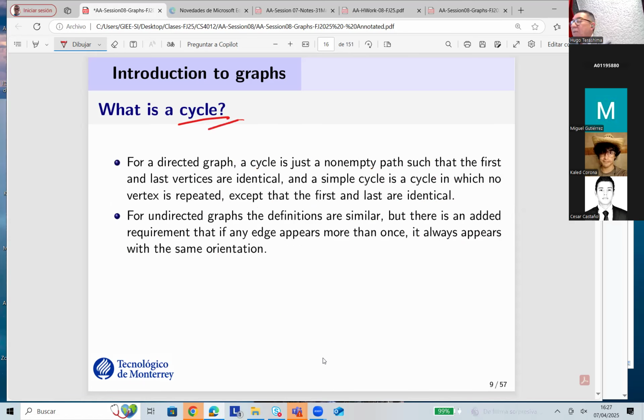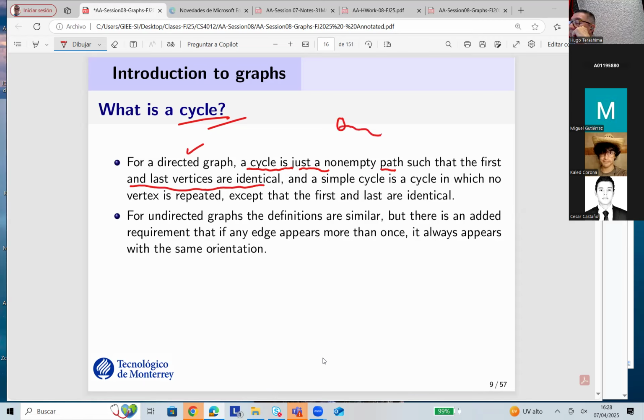Okay, so what is a cycle in a graph? Imagine that you have a graph, and in the first case, a directed graph. A cycle is just a non-empty path such that the first and last vertices are identical.